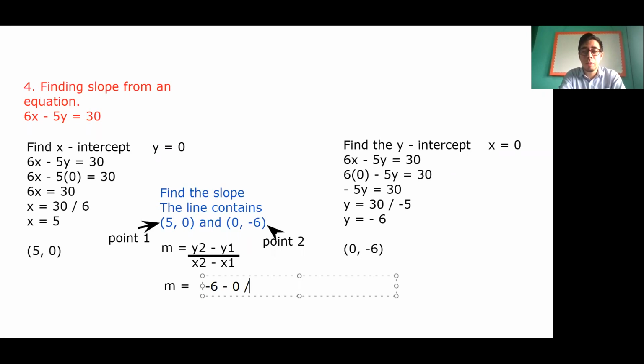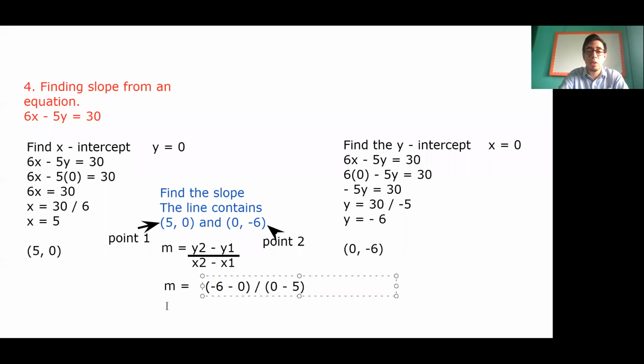And this is divided by, I'm going to use parentheses maybe, the values of x: x2 is 0, 0 minus x1, x1 is 5. So this is what you have for the values of x.